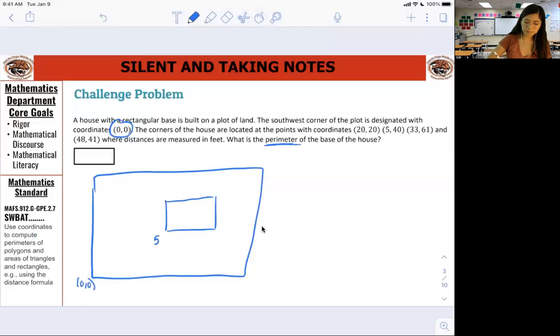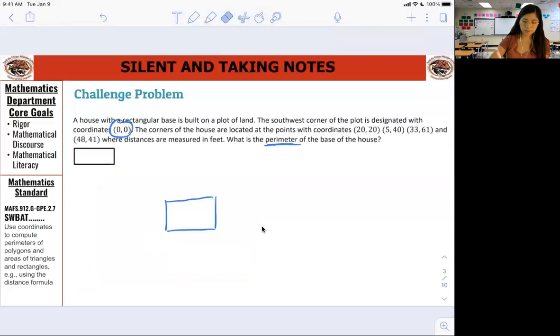And then these are the coordinates of the house. So I just want to make sure you guys understand that the 0, 0 is not going to be part of our calculations. Okay, well, I've got a house. I've got some coordinates.